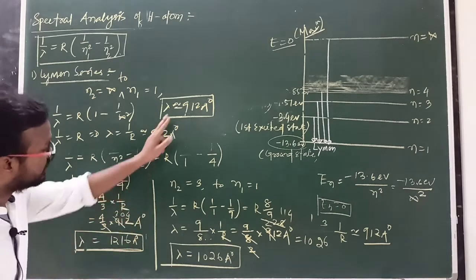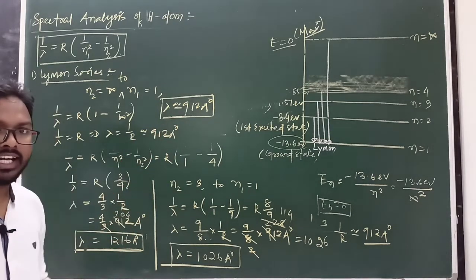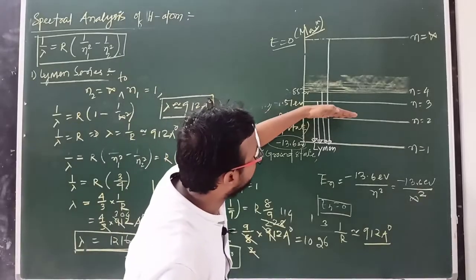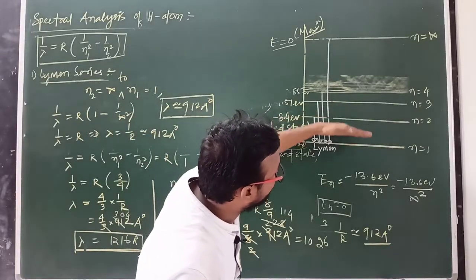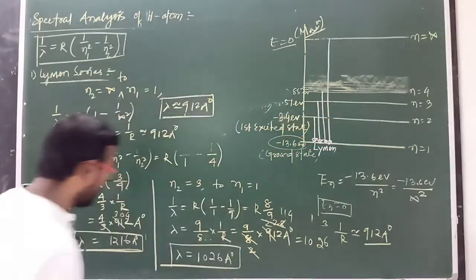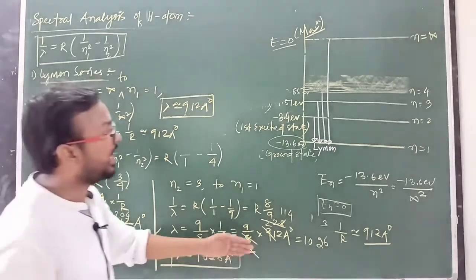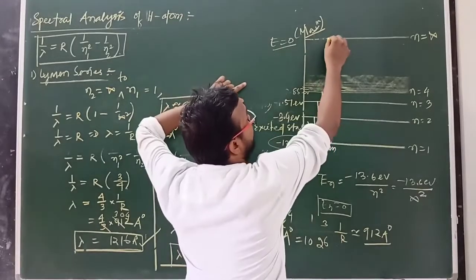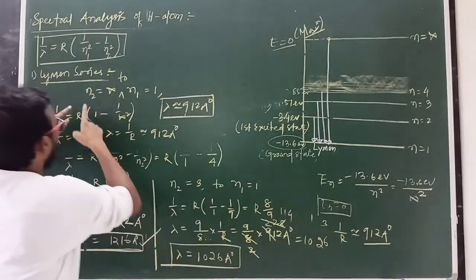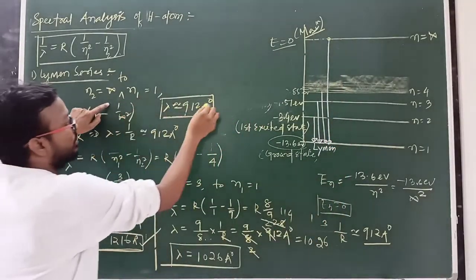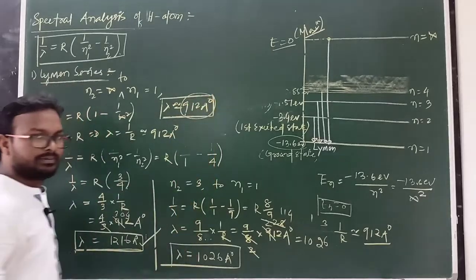So from these examples we conclude that when an electron jumps from a nearer orbit to the ground state, at that time we get a larger wavelength, but when an electron jumps from infinite to the ground state, then we get the minimum wavelength.